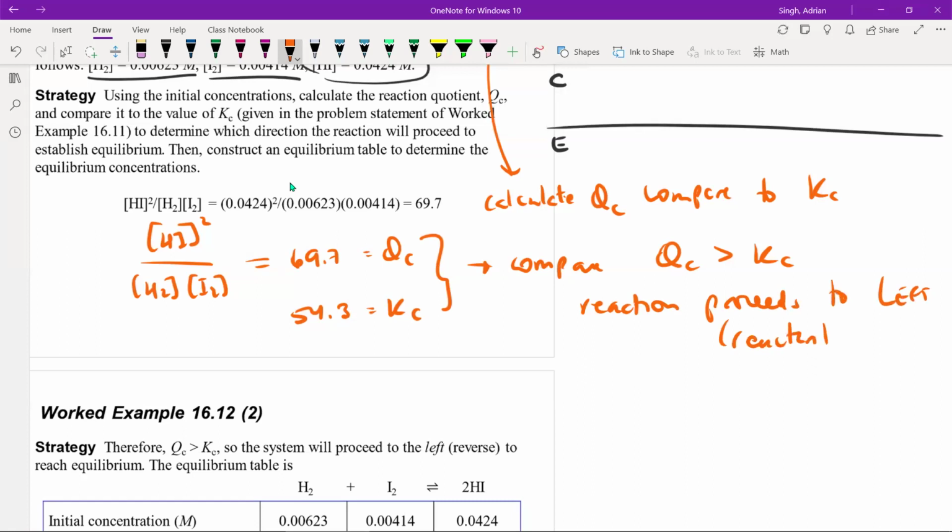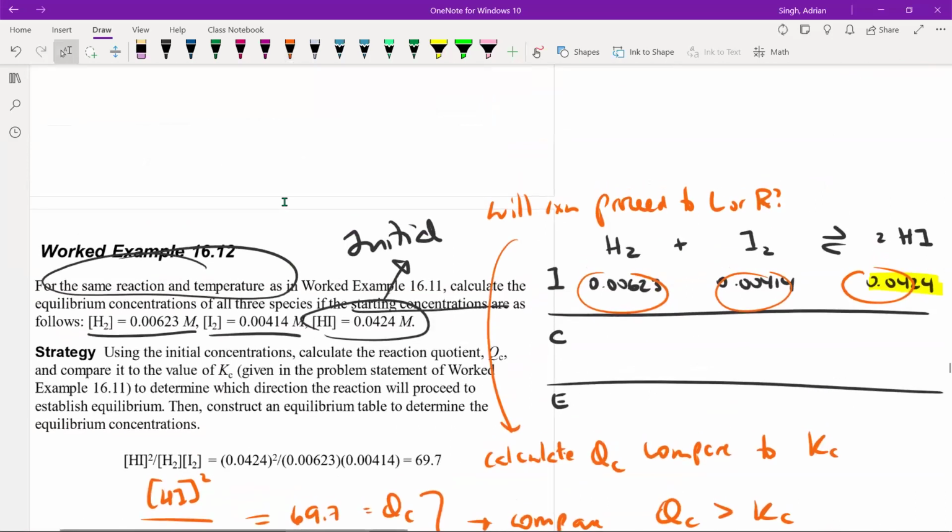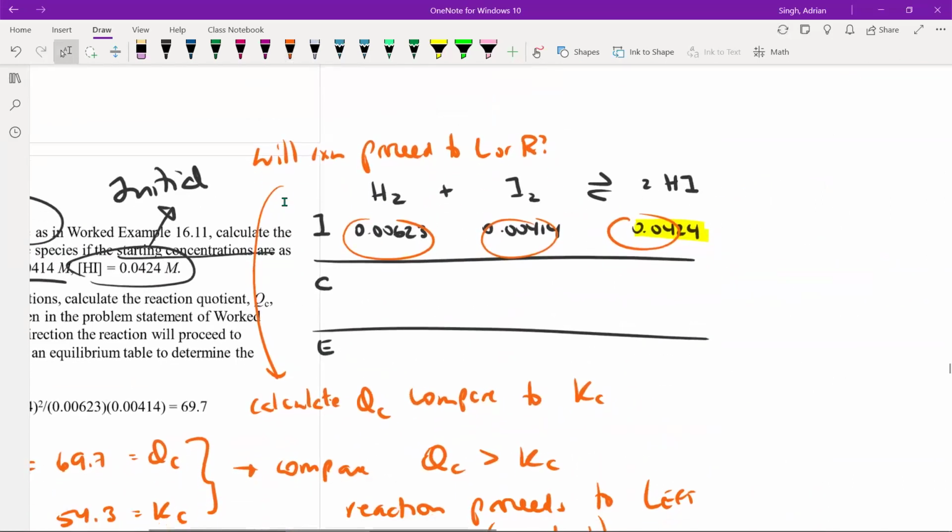So what that means is when we write our ICE table, the change is as follows. Now the reaction is going to go in this direction as opposed to left to right, so we're going to increase the amount of the reactants.